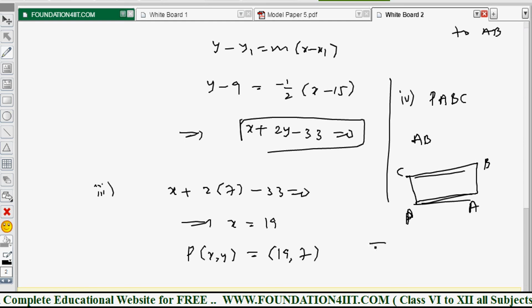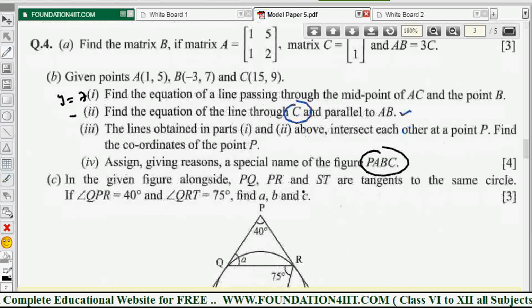If you solve according to the problem, then AB is parallel to PC and similarly BC is parallel to PA. These opposite sides are parallel, so you can say PABC is a parallelogram. Just apply the slope formulas for everything, AB and PC, BC and PA. You will get the same answer, then you can say it is a parallelogram. You can do it that way.